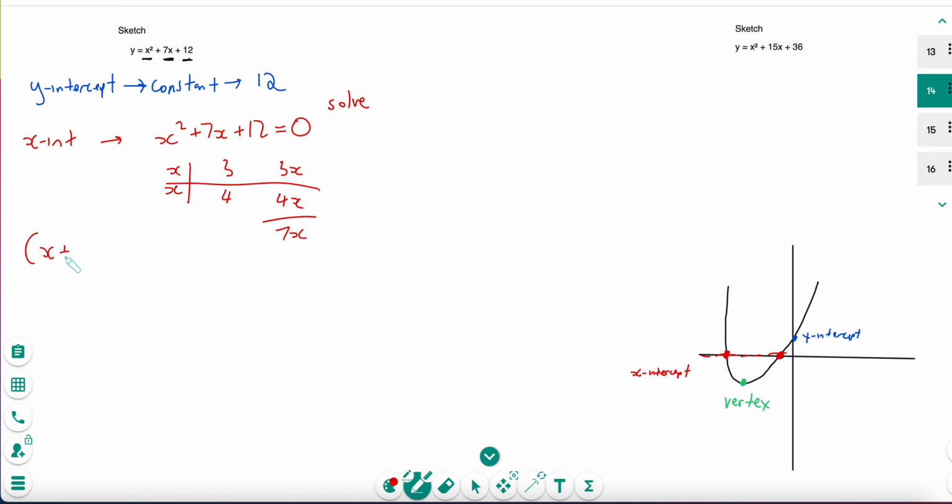So x plus 4, x plus 3 equals 0. X plus 4 equals 0, minus 4 gives x equals negative 4. X plus 3 equals 0, minus 3 gives x equals negative 3. And those are our x-intercepts, negative 4 and negative 3.